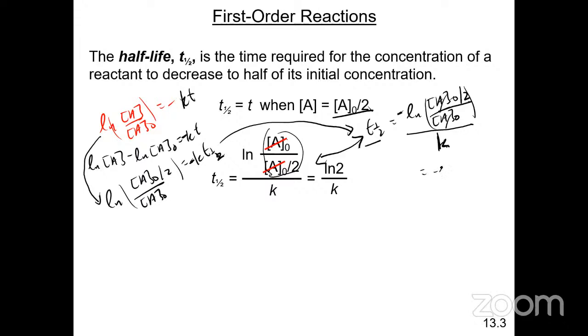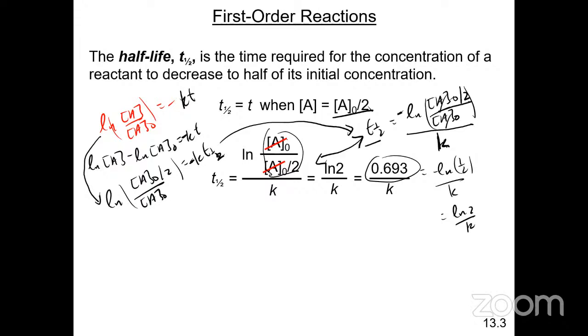This would be equal to minus ln half over K, which would be the same thing as ln 2 over K. So basically what this is saying is that the half-life for a first order reaction is equal to ln 2 divided by K. And if you put ln 2 in your calculator and press the equal sign, you're going to get 0.693 and some other digits. So sometimes you'll see just 0.693 indicated in some textbooks. So that's the equation for the half-life of a first order reaction.